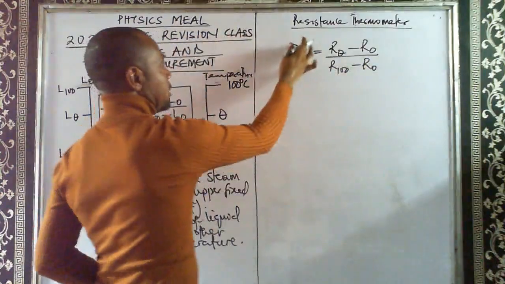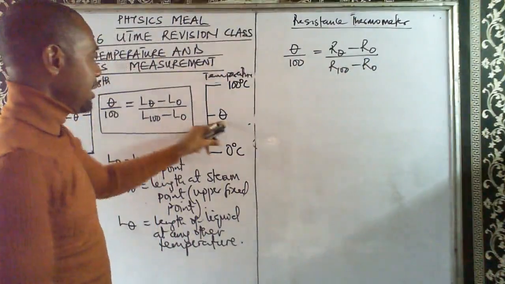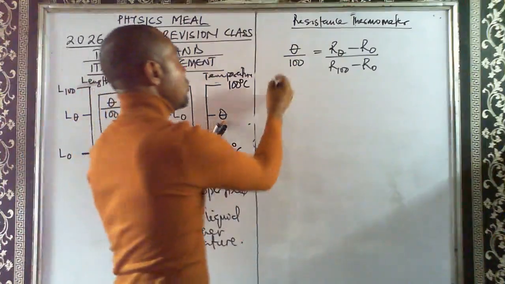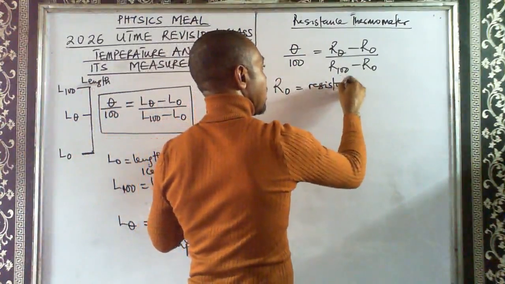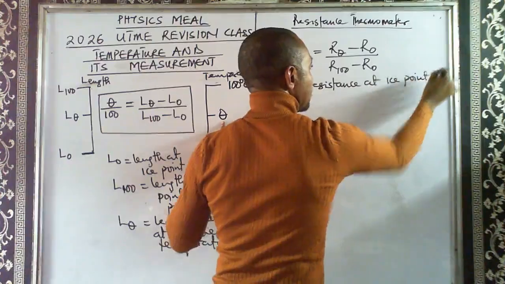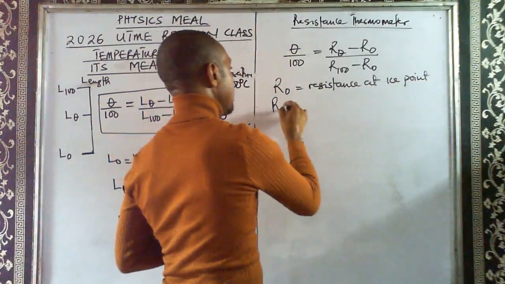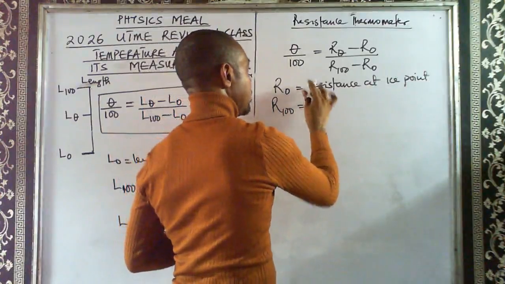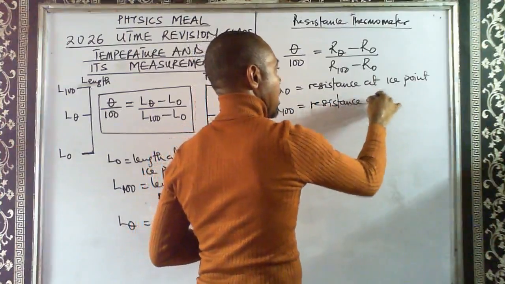Where theta is the temperature of interest, the temperature we are looking for at any temperature, then we now see that R0 will be resistance at what? Ice point. Remember, ice point is what? Lower fixed point. And R100 is resistance at what?